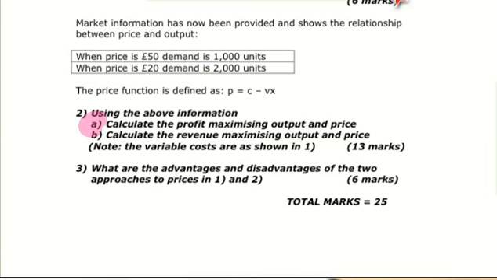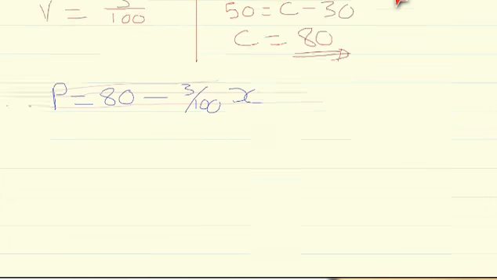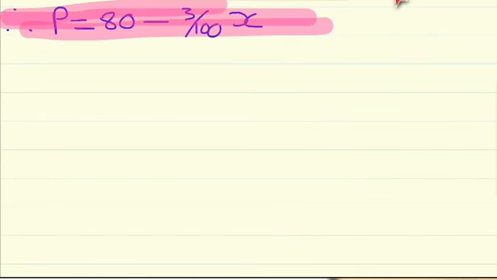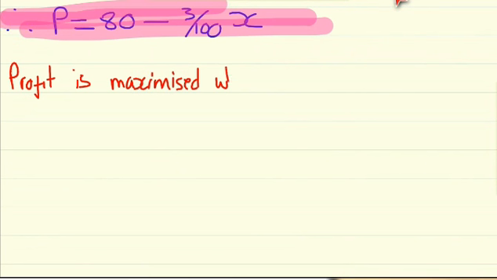All right, so what's important here to know is this, from economics: profit is maximized when your marginal revenue is equal to marginal cost.